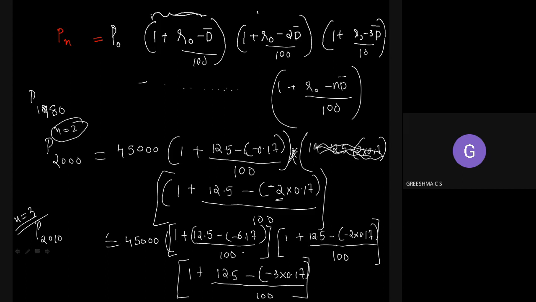That will be the population for the year 2010. That is how you have to calculate using this equation.